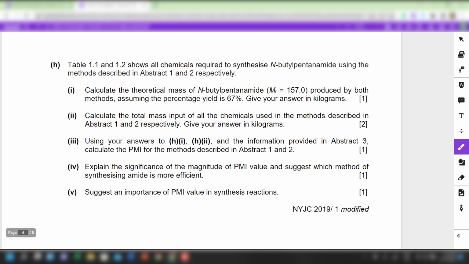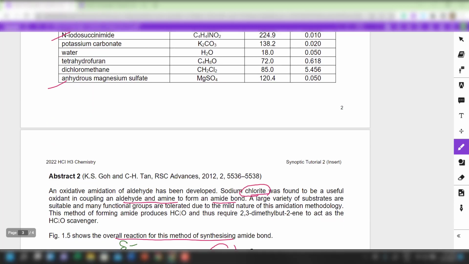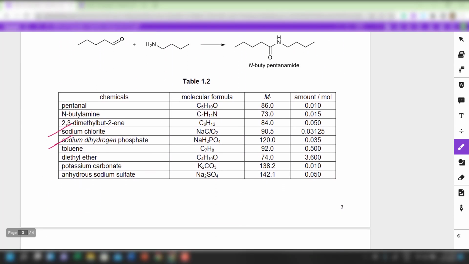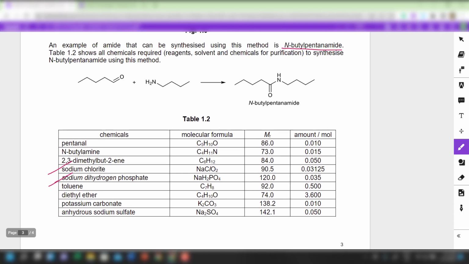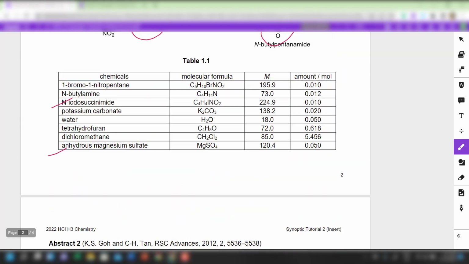If you take a look at both abstracts, you notice that 1-bromo-1-nitropentane in table 1.1 and pentanal in table 1.2 are both the limiting reagents. As the limiting reagent, the amount used is 0.01 over here. You can see that it is 0.01.